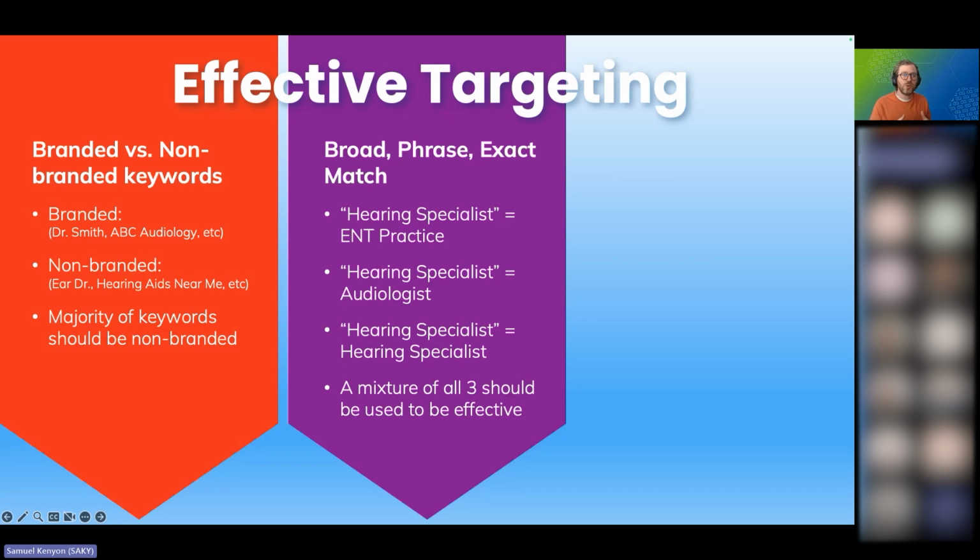I will say Google has opened up broad match keywords a lot wider lately. We noticed a huge spike in people searching for ENT services that were then getting ads for hearing aids. And unfortunately, that makes them click looking for ENT services and they don't convert. So then they click away. So you spent money on the ad, your cost per click, let's say $7.